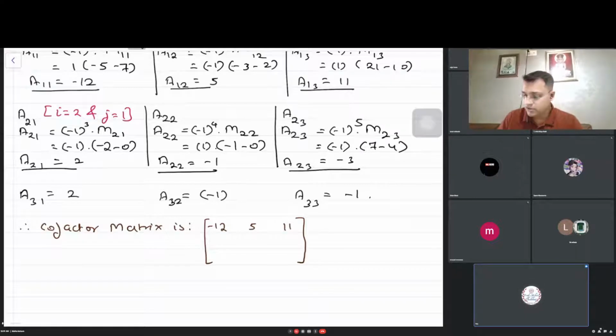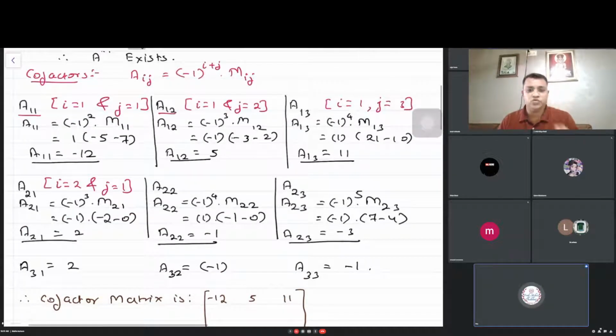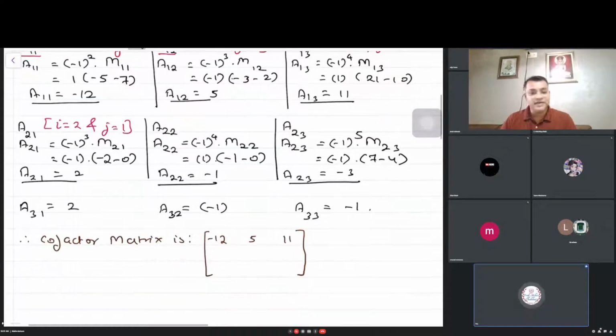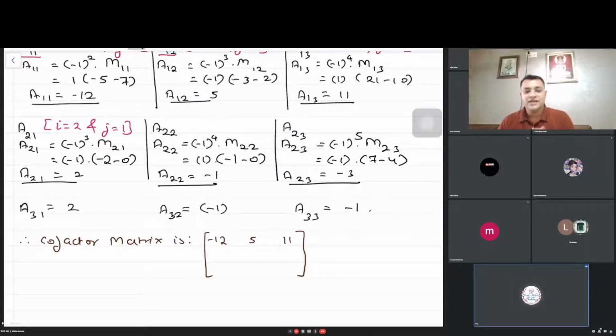One more thing. Always try to present in this manner only. All the first row cofactors together in the first row, the second row cofactors like we have written over here in the second row, and the third row cofactors right below that. So that when you write it in the matrix, you won't make any errors. And you won't have confusion about which value has to be written in which place, because all of them are already arranged. You just have to copy it from above in the matrix format.